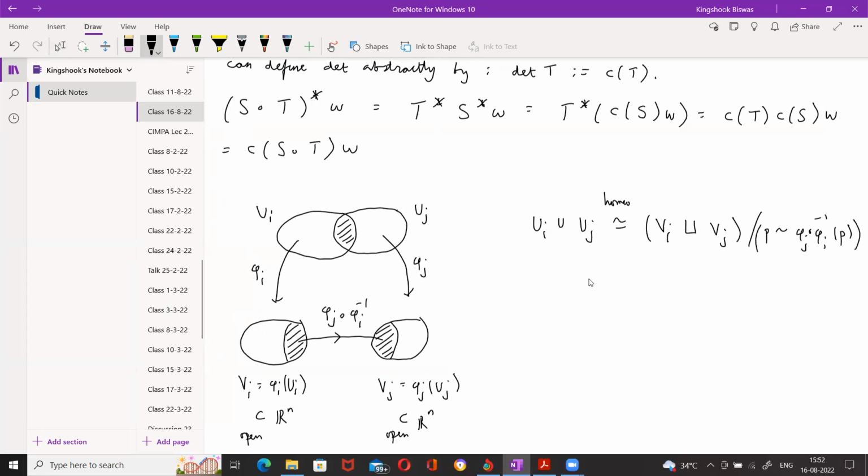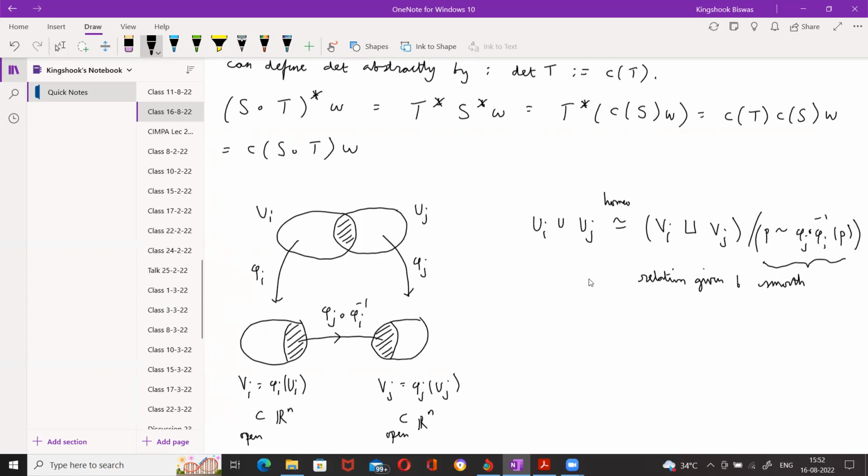So the point is, this is a relation induced by a smooth map.